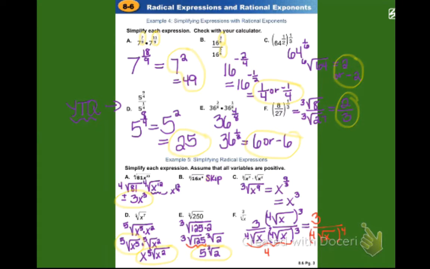So that leaves me on the top with 3 times the 4th root of x cubed. And that bottom now just becomes x. So we have 3 times the 4th root of x cubed on the top, and we just have x on the bottom, and that's our final answer.